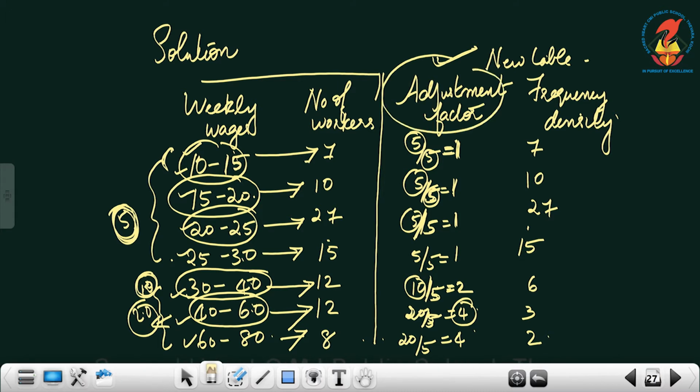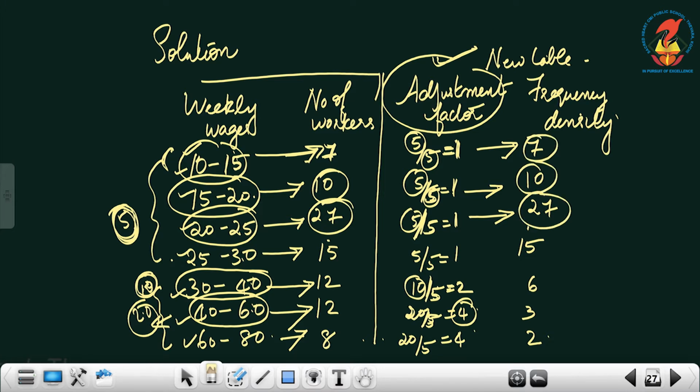So, with the adjustment factor, we have written the corresponding frequency: 1, 7; again 1, the next frequency 10; again 1, the next frequency 27; again 1, the frequency 15; next 2, the frequency 12. See, 10 divided by 5 is equal to 2, isn't it?